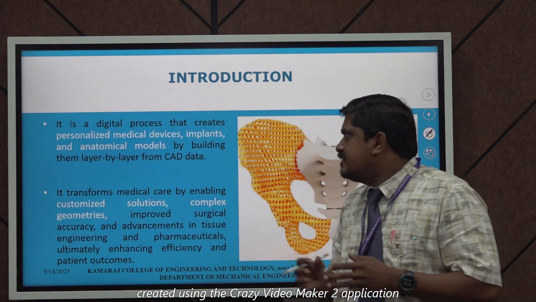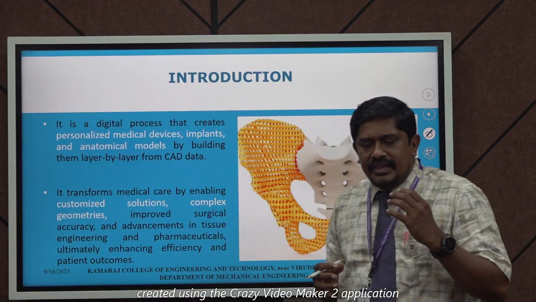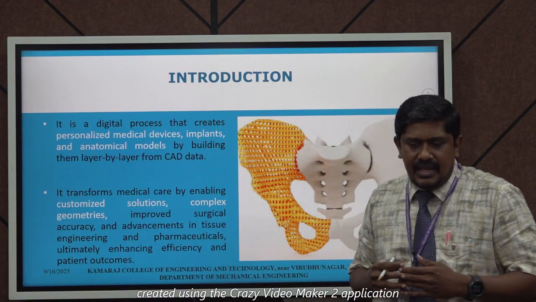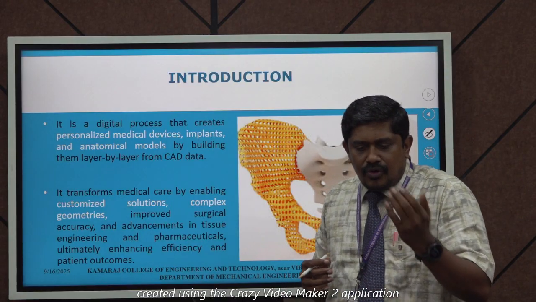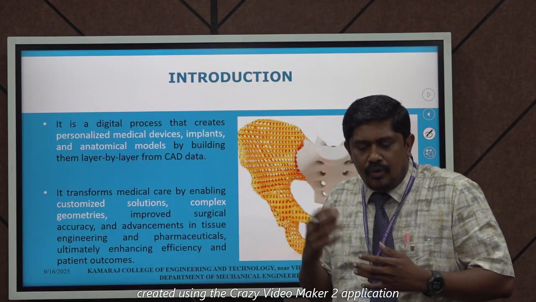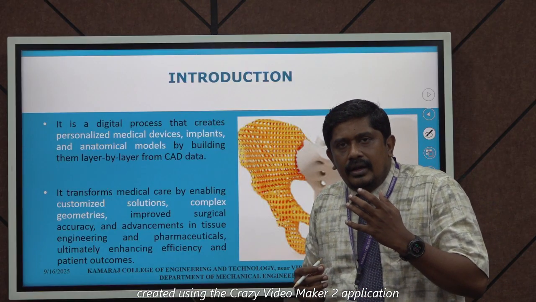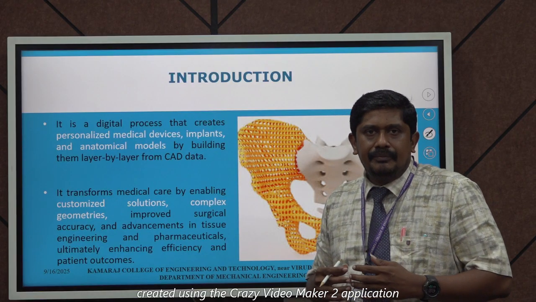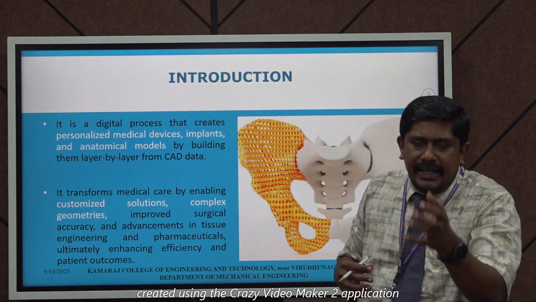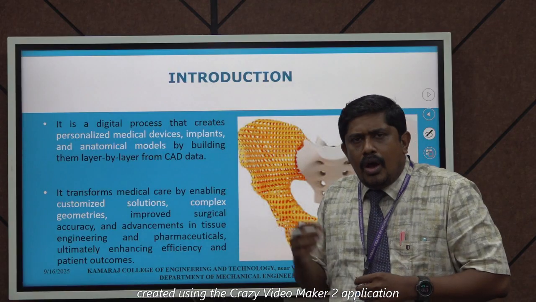First, introduction. It is a digital process that creates personalized medical devices, implants and anatomical models by building them layer by layer from CAD modeling. Actually, 3D printing is presently widely used in medical implants.